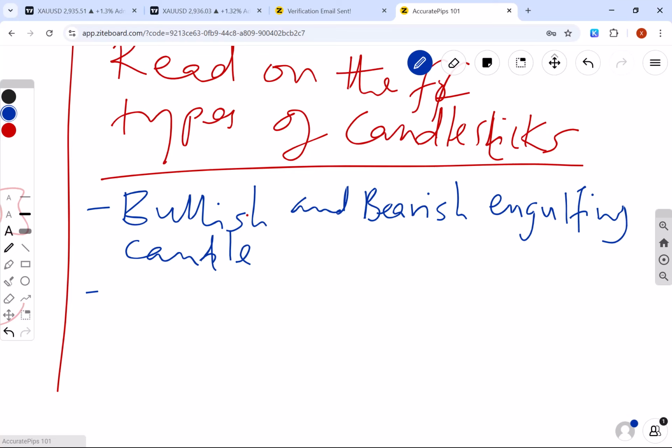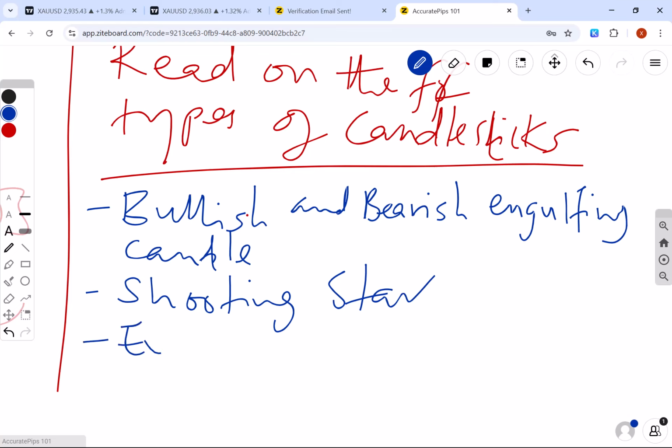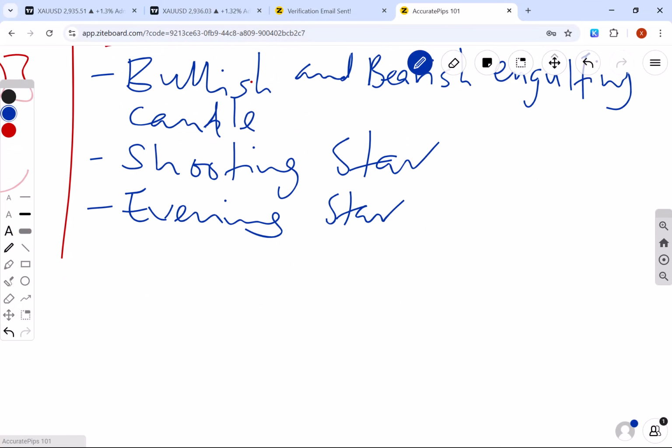Then we have the shooting star. Read on the shooting star. Read on the evening star. Read on the doji. Read on the spinning top.